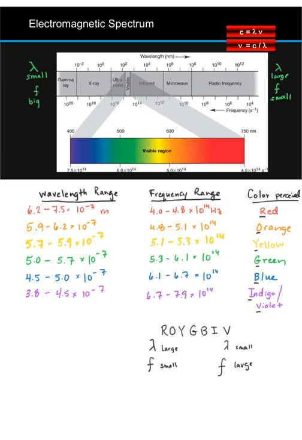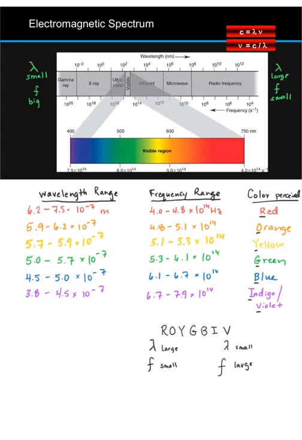So let's add our exploration of energy dependence onto this slide. Earlier, we said that at one extreme of the electromagnetic spectrum, the gamma ray extreme, wavelengths are small, frequencies are big.